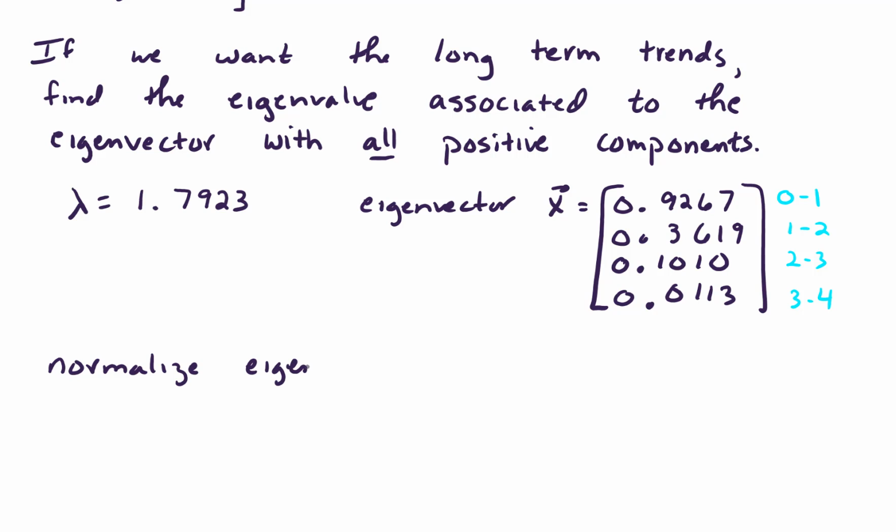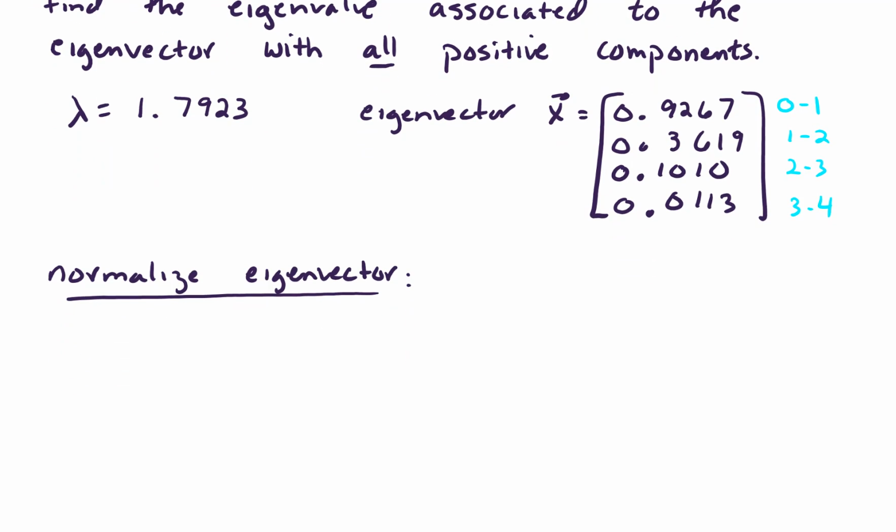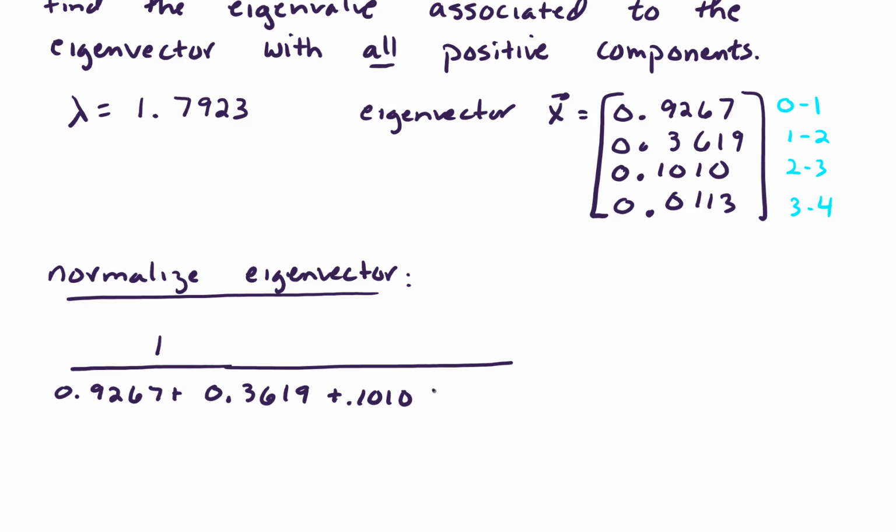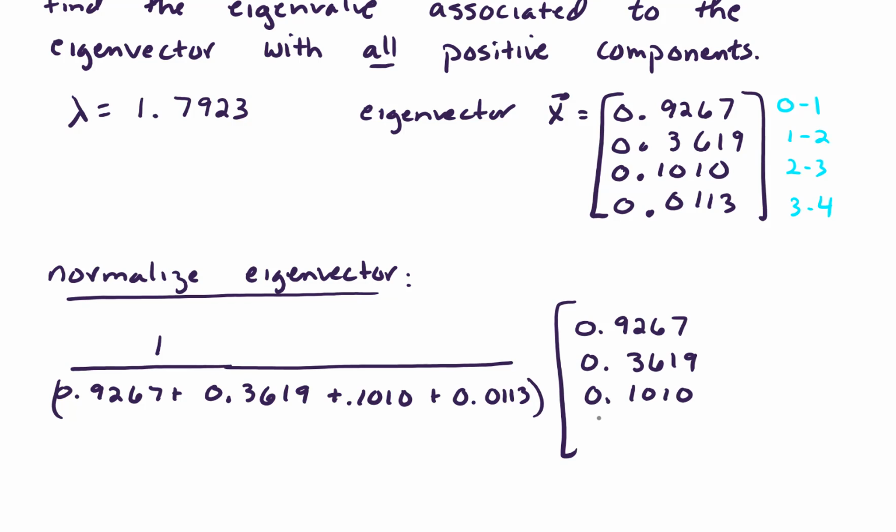And so to do that, we're going to take the sum of the components in the eigenvector. So we're going to add up these values, and multiplying by one over that sum times our vector x, we get a vector whose components then sum to 1, and that's going to be a really nice result for us.